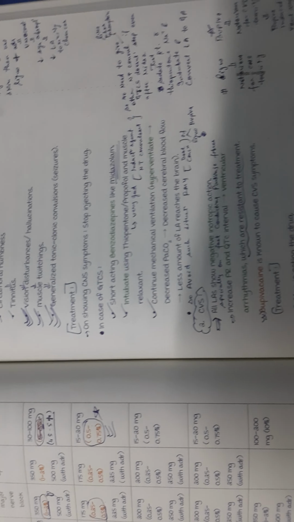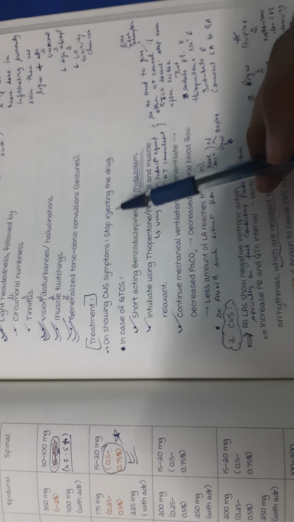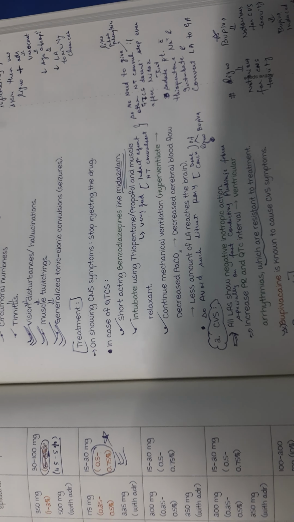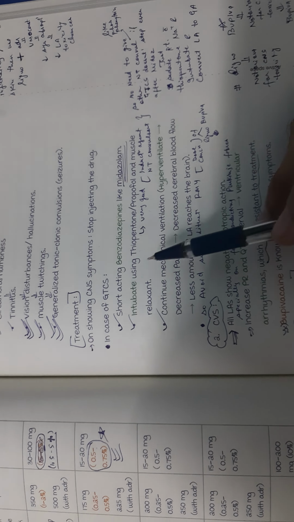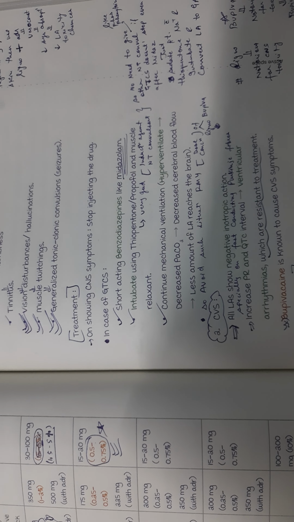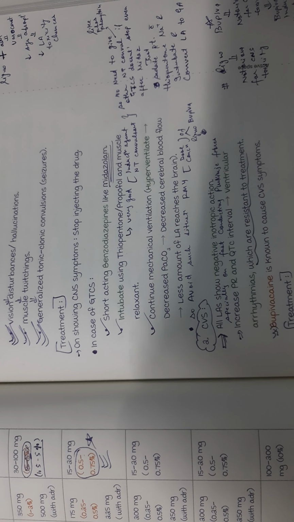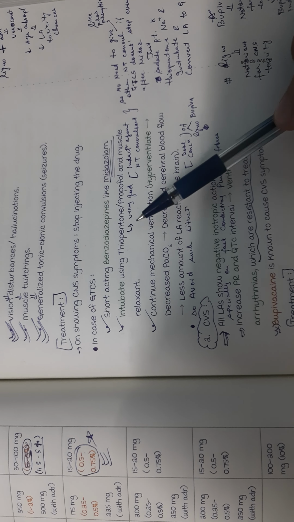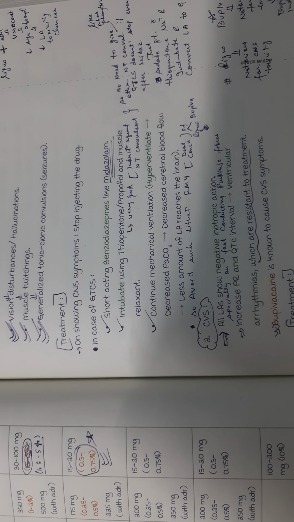And treatment for GTCS is, we will give an anticonvulsant, that is a short acting benzodiazepine like midazolam, which is better than diazepam. Then second thing we will do is intubate using thiopentone, propofol, and a muscle relaxant.